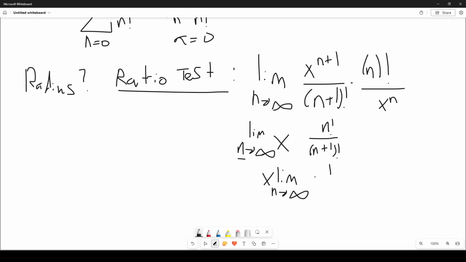And finally, note that n factorial over n plus 1 factorial is just 1 over n plus 1. And hopefully you should notice that this limit goes to 0.